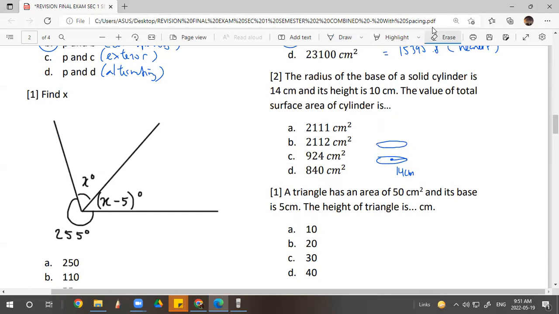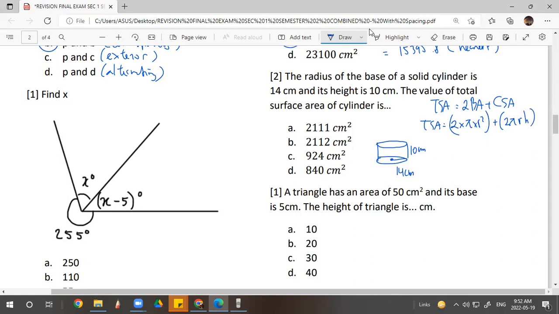The question asks for the total surface area of the solid cylinder, which means everything is included: 2 times base area plus curved surface area. So 2 times pi r squared plus 2 pi r height.